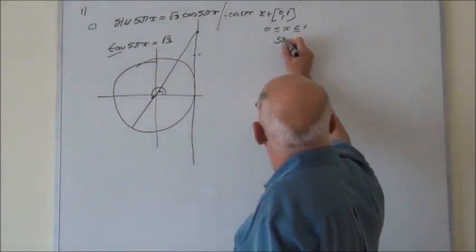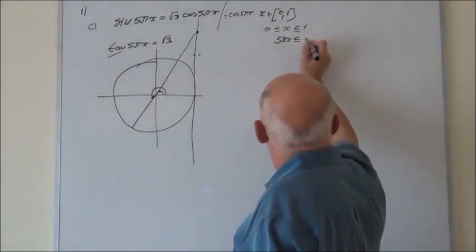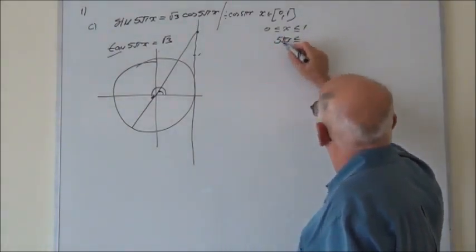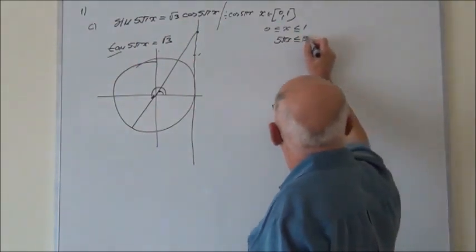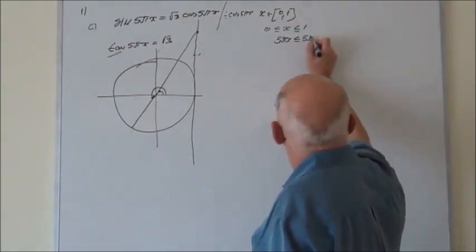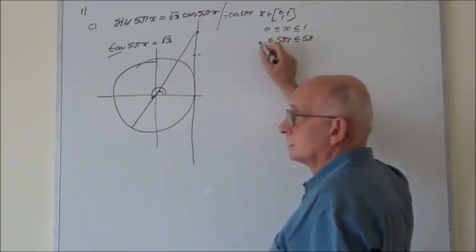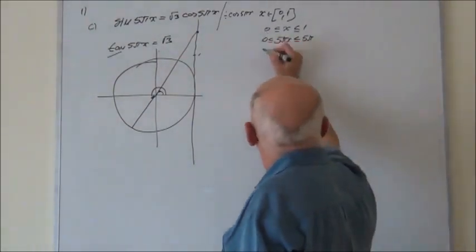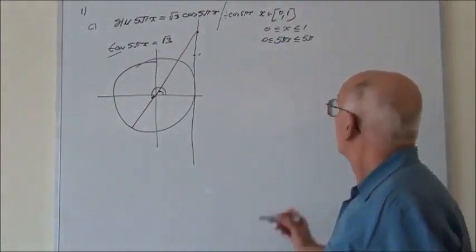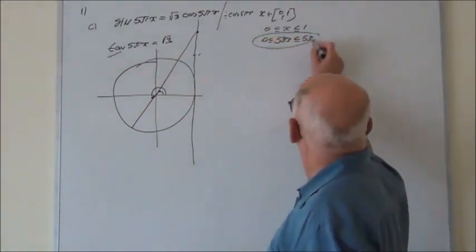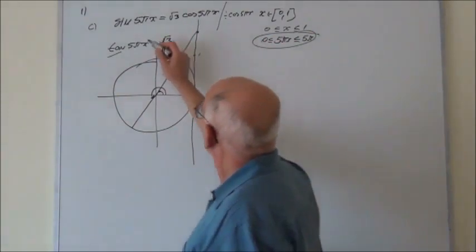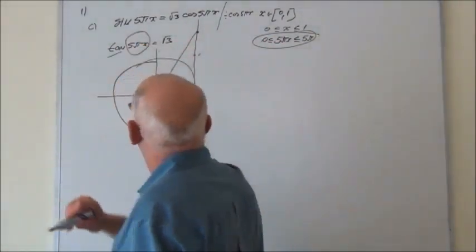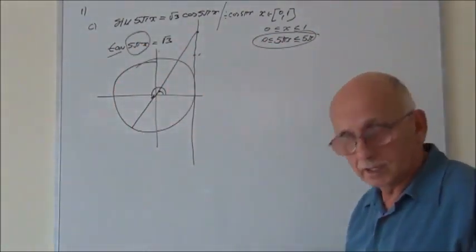So 5 pi x, then 1 multiplied by 5 pi will be 5 pi, but on the other side nothing is changing as we have 0, so here will be 0. Now this is the domain for this angle, for 5 pi x.